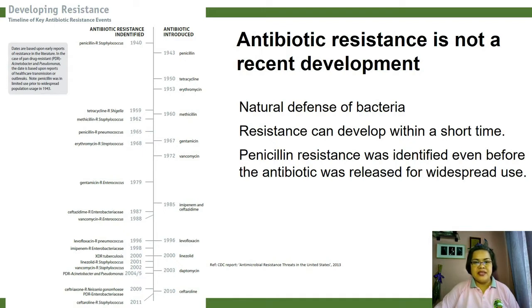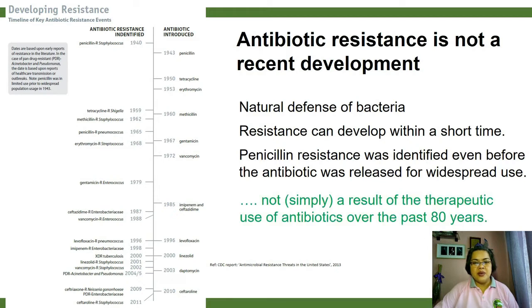The first methicillin-resistant Staphylococcus aureus, you may have heard of it, or MRSA, was identified only 2 years after methicillin was introduced. But it is important to emphasize that this is not simply a result of antibiotic use commercially. It is a natural defense of bacteria.